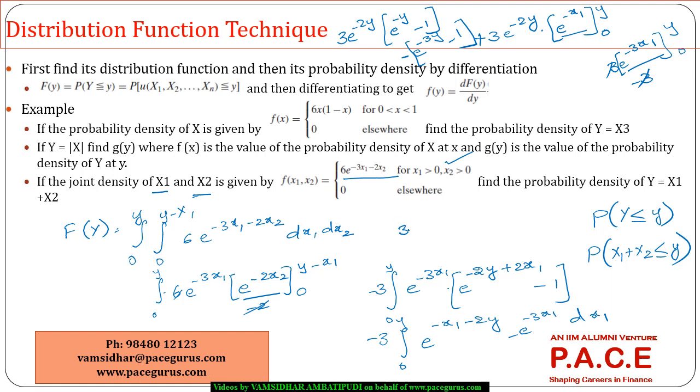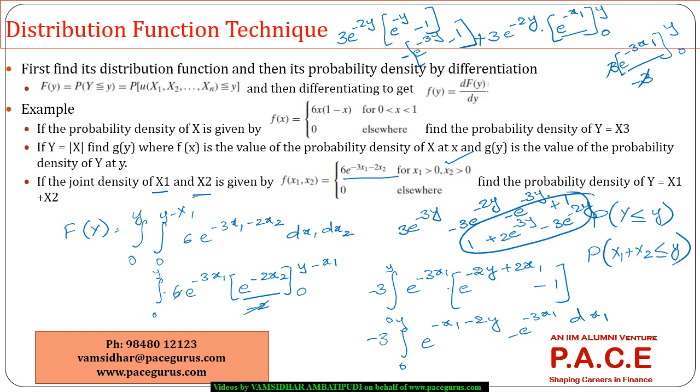If you simplify it, it is nothing but 3 e power minus 3y minus 3e power minus 2y minus e power minus 3y plus 1. So it is becoming 1 plus 2e power minus 3y minus 3e power minus 2y.